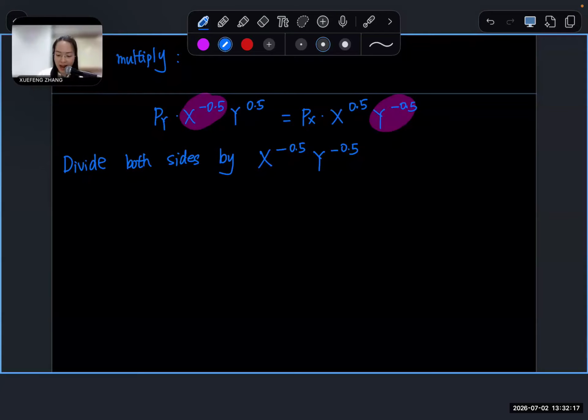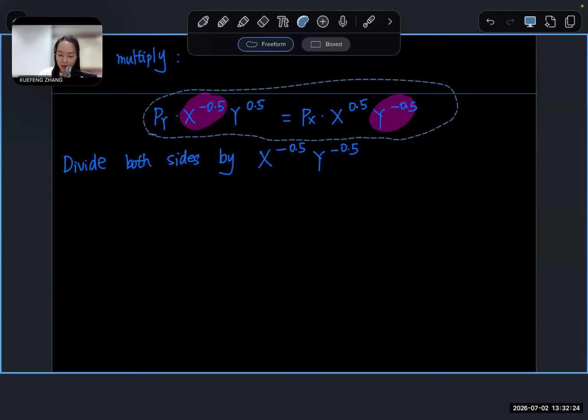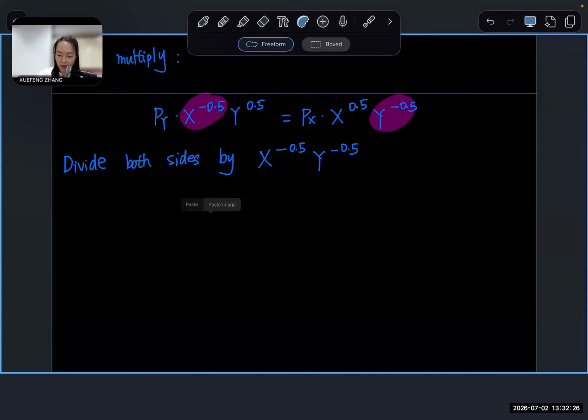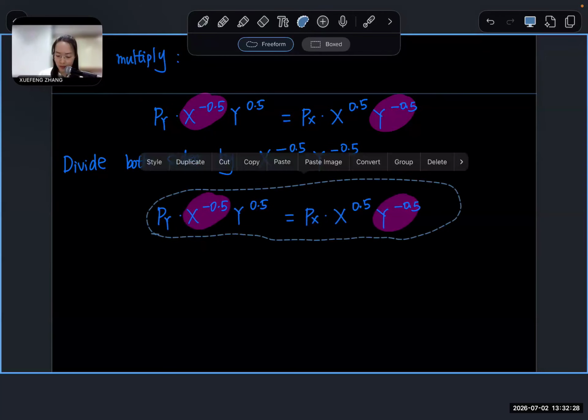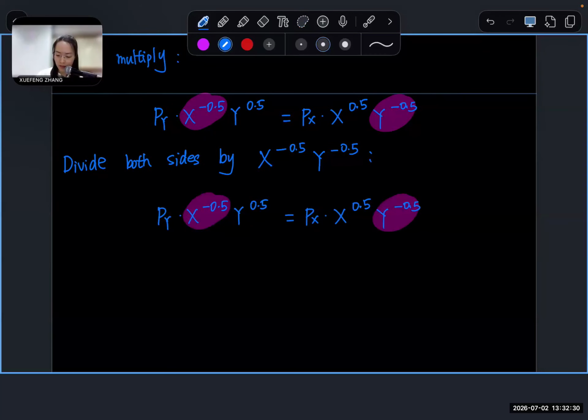So we're gonna have, let me write it down again. But I just copied. Divide, right? I need this one as well. Divide both sides, okay?